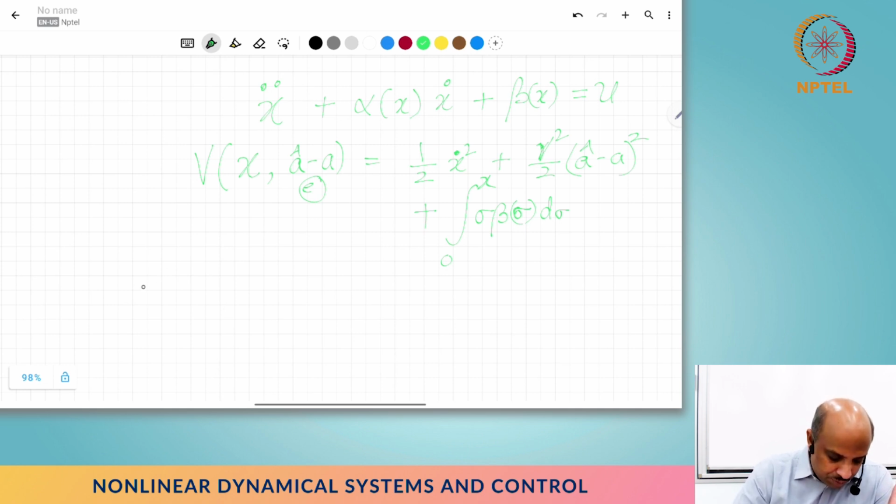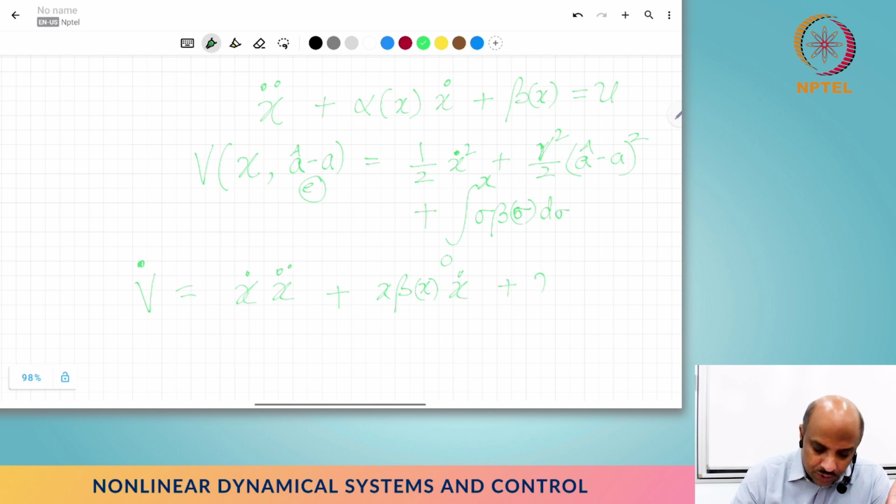So if I actually compute V dot, then I'm going to get x dot x double dot plus this part is going to give me x times beta of x times x dot. Okay. Plus gamma square times a hat minus a times a hat dot. Okay. So x double dot, I can take x dot common, x double dot plus beta of x.